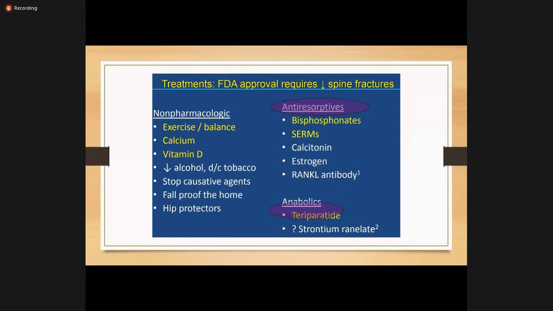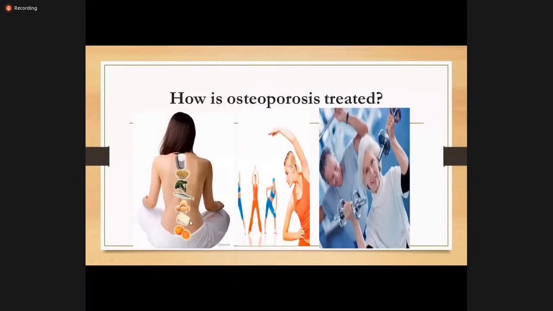Now coming to the non-pharmacological measures: a good diet containing healthy calcium, vitamin D supplements, daily exercise, and weight bearing. These are all the non-pharmacological modalities incorporated in the treatment of osteoporosis.